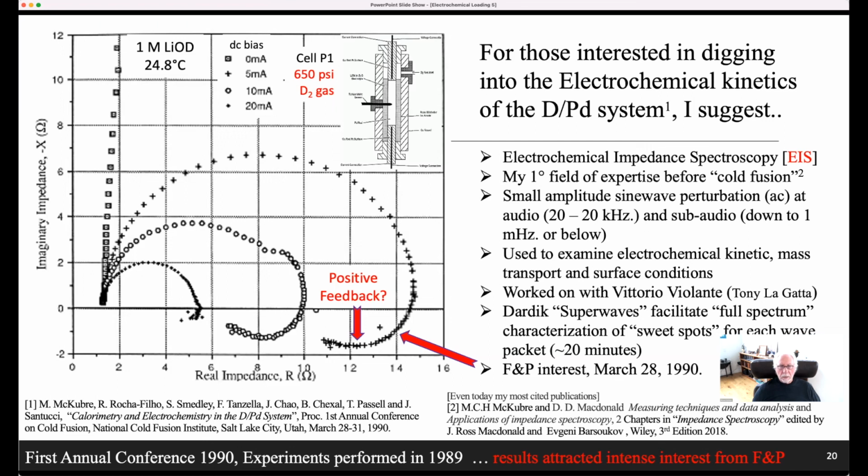Martin and Stan came and stood in front of this graph after my talk at Salt Lake City in ICCF1, as it's now called, and were very, very interested in it for very good reason. I invite you to pay attention to this.